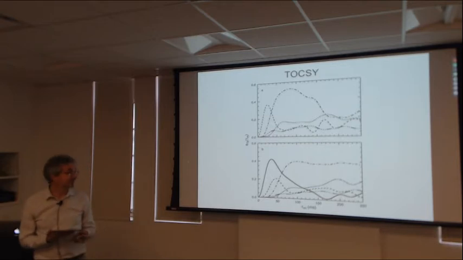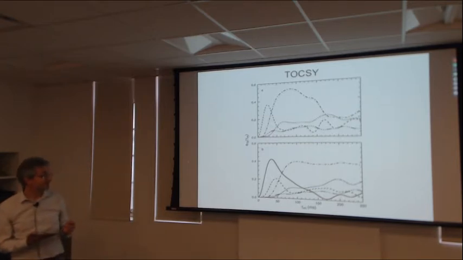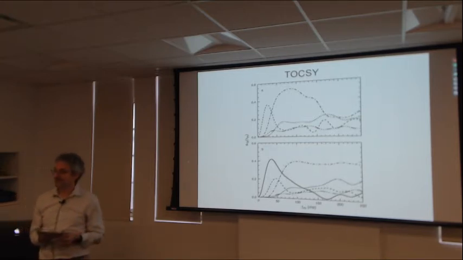But fortunately, there are magic numbers that work pretty well. 40 milliseconds does a pretty good job of transferring magnetization from the amide to the alpha, and something around 60 or 70 usually does a reasonable job of getting magnetization further out into the side chain.